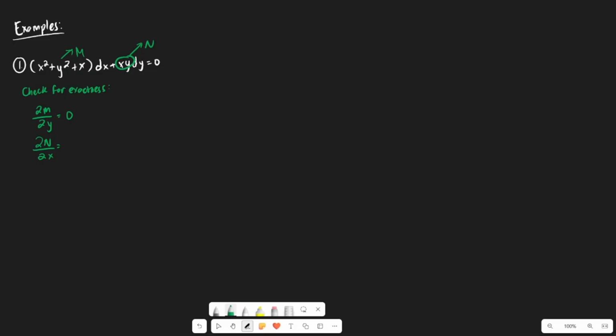So x squared is just considered as a constant. Therefore, the derivative of a constant is 0.